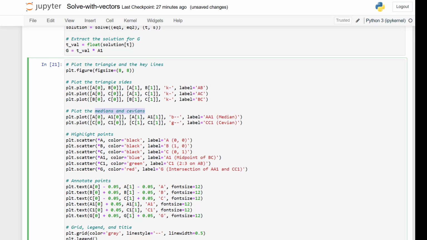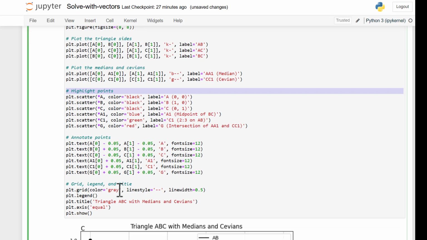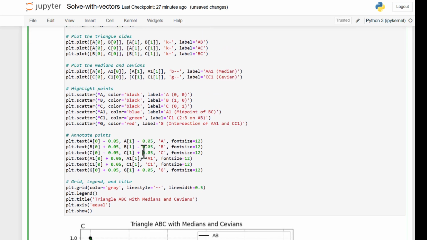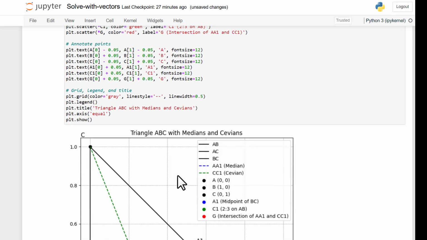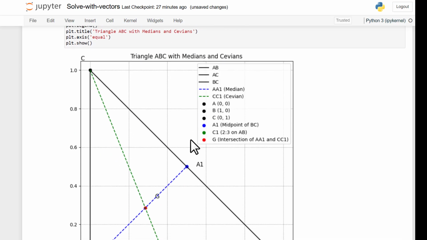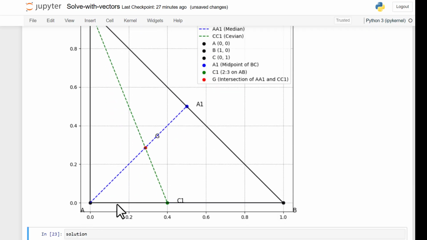It's Cevian or Giovanni Ceva, yeah, with his theorem, which we are actually working on right now a bit. Highlighting points, annotating points, and running everything, and this is how it looks. Okay, so this is what I meant with 0.4.